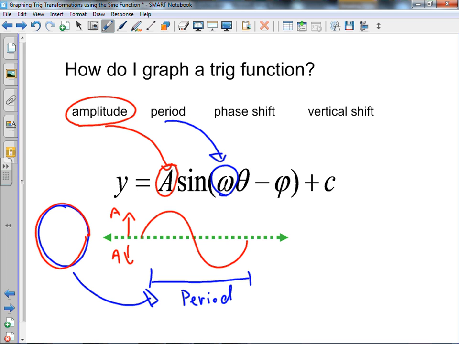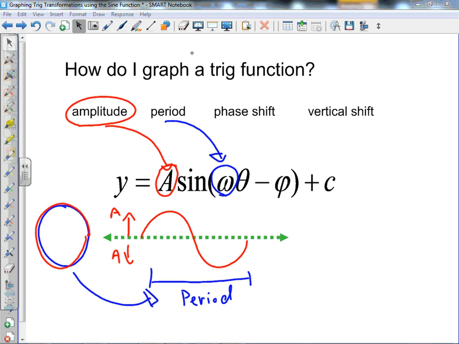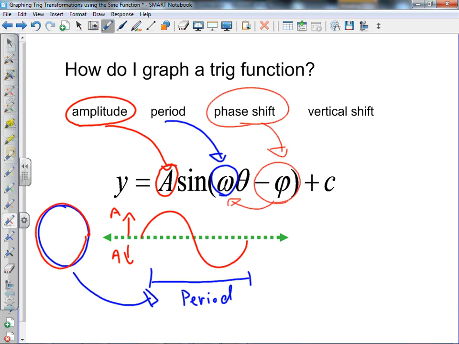Now, our phase shift, everyone's favorite, moving it left and right. Our phase shift talks about this letter, and it uses our omega letter. It uses both of them to talk about our phase shift.